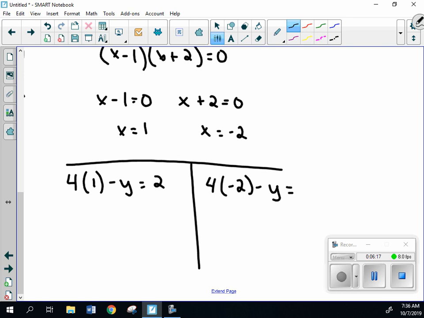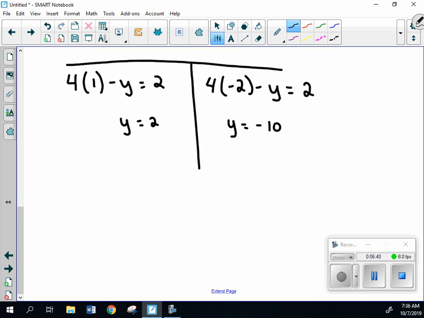You could also plug them back into that very original one with the x squared. That's no big deal. So when I do this, y here is going to equal 2 in this situation, and in this situation, y is going to equal negative 10.